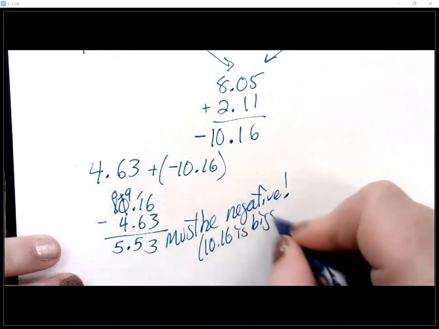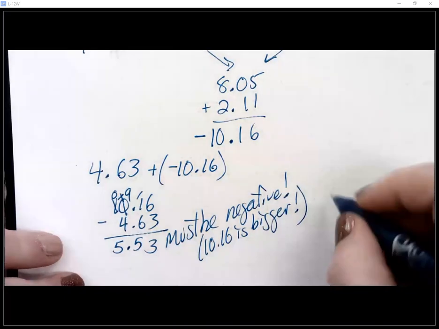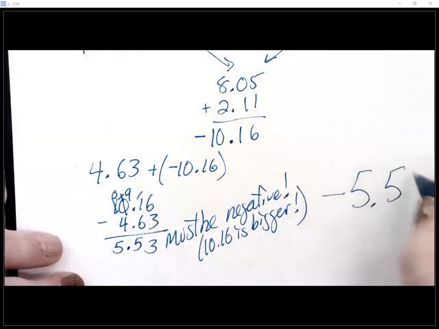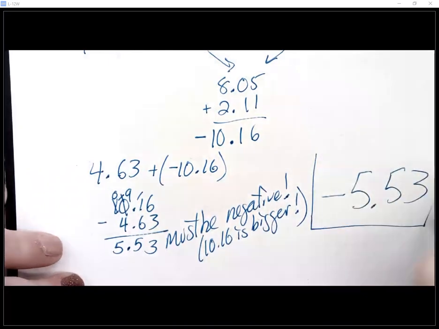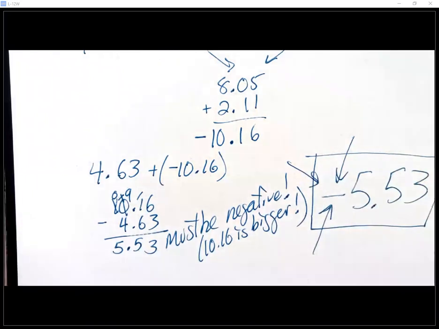And that's why, because the 10.16 is bigger. So my final answer is going to be negative 5.53. Making sure that I'm noting, yep, it's definitely a negative. That's my final answer.